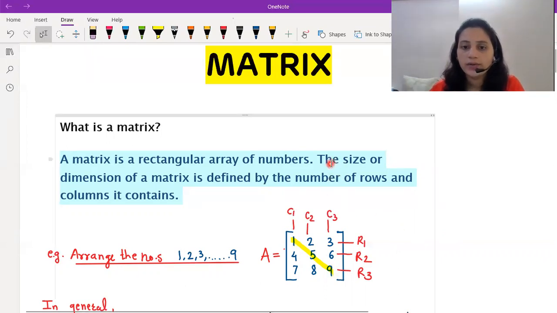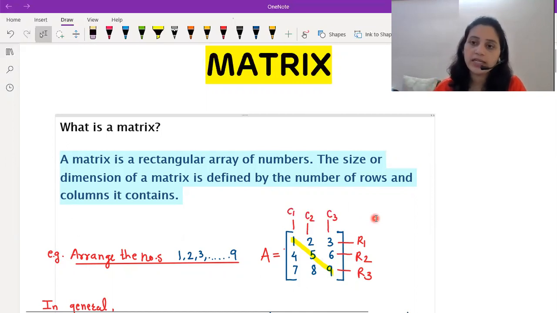Now, the size and dimension of the matrix is defined by the number of rows and columns. Now in this matrix, we have 3 rows and 3 columns. So what is the size of the matrix? The size of the matrix, or you can say the dimension of the matrix, or you can say the order of the matrix. Okay, so the order of the matrix is 3 rows and 3 columns.